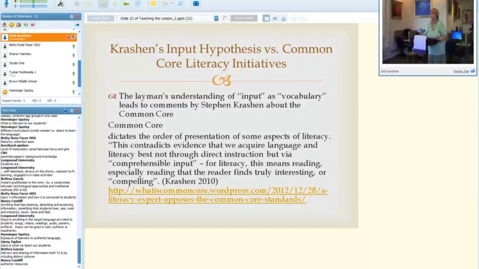And if students are not ready for that stage of acquisition, no matter what my literacy strategy is for reading, which is normally what they're talking about in Common Core, it won't be effective. And he recommends, of course, that the reading be interesting and compelling to the reader.